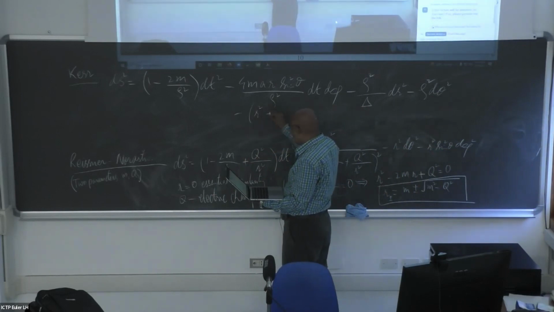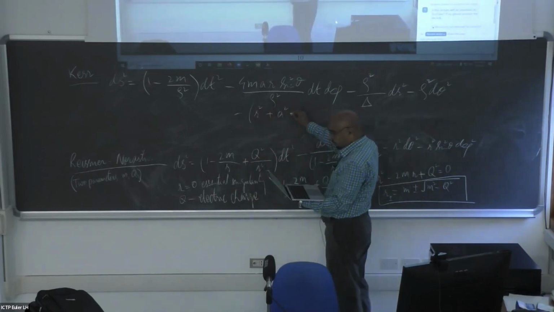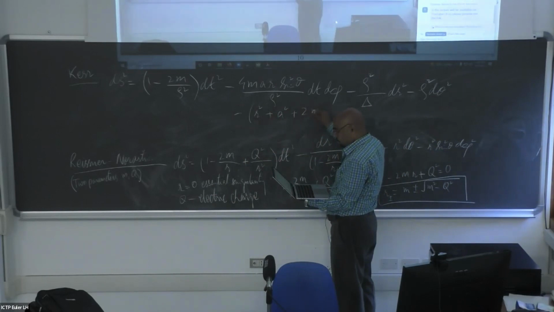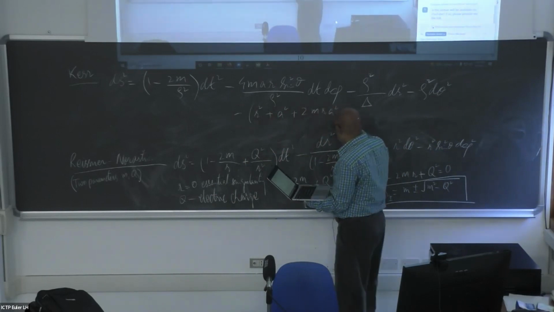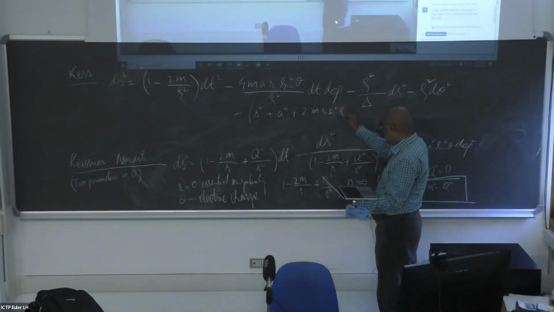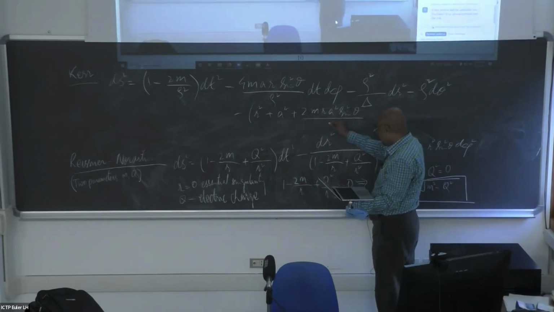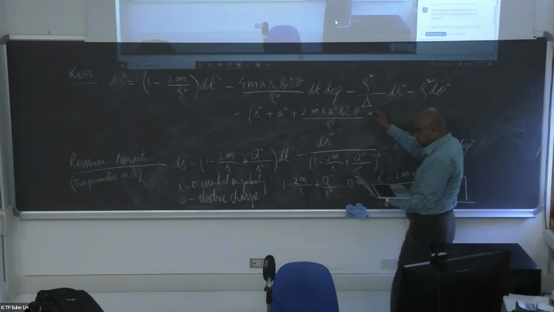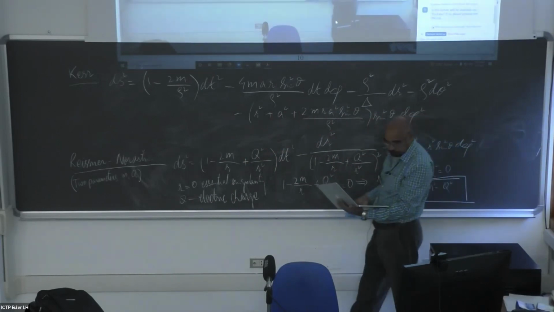r squared plus a squared, plus 2mr a squared sine squared theta over rho squared, sine squared theta d phi squared.